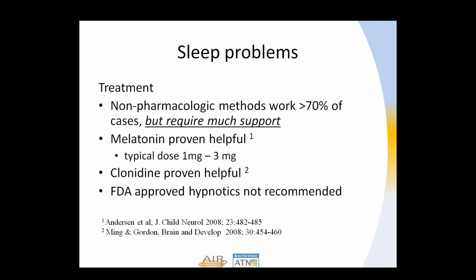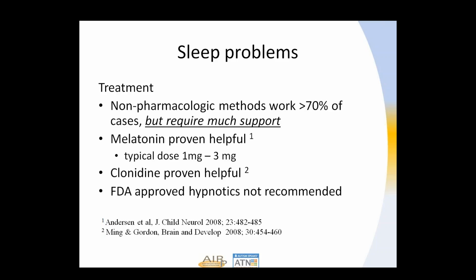If we have to go to prescription medications and melatonin has failed, there's also good evidence that a medication called clonidine can be helpful, and that is one that is commonly used by clinicians across the ATN and AARC.